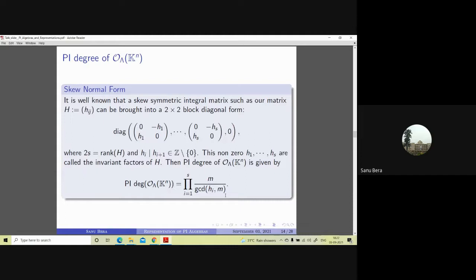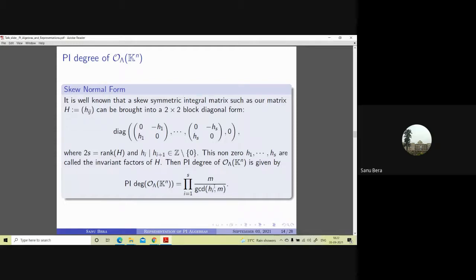We will use this later to compute PI degree for other algebras like the quantum Weyl algebra. That expression is nothing but the order of H1, order of H2, up to the order of Hs, that is, an expression like m divided by GCD of Hi and m, mod m.